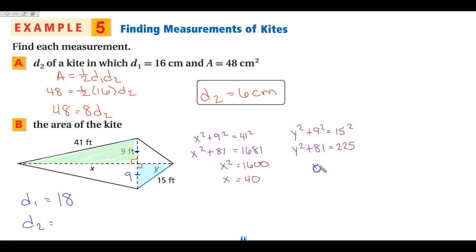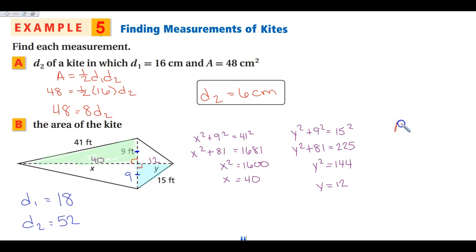We're going to subtract 81 from both sides, and we're going to get 144. And since 144 is also a perfect square, my y is going to be 12. So this is going to be a length of 40, and this is going to be a length of 12. That means that this whole diagonal, when I add them together, is going to have a length of 52 feet.